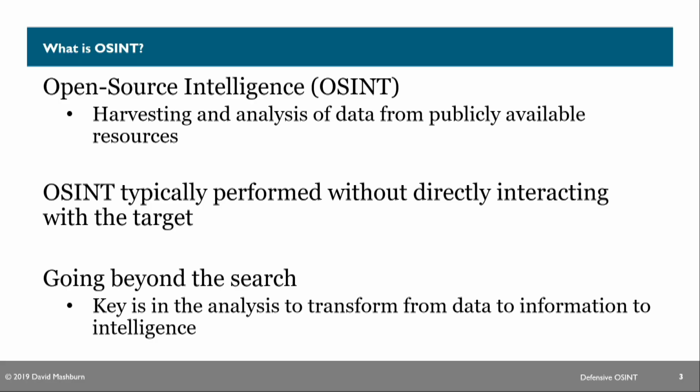But let's go ahead and really talk about what we're dealing with: open source intelligence. This is really the concept of harvesting data from publicly available sources. Now, we like to do that without having deep interaction with the targets. We want to be able to collect this data without them necessarily knowing we're collecting it, right? We want to have that operational security, but it's not just about going out and running that Google search. We are bringing value to this to take it from data and turn it into intelligence.